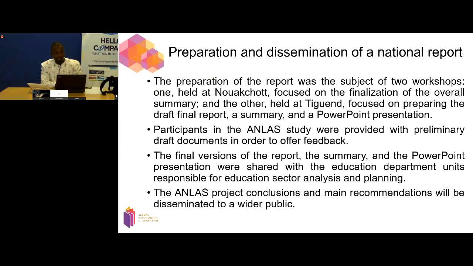And after these consolidated results, we proposed recommendations, which you can find in the report. So one report format has been proposed and slightly adapted to the reality in Mauritania. The different stakeholders amended the report.